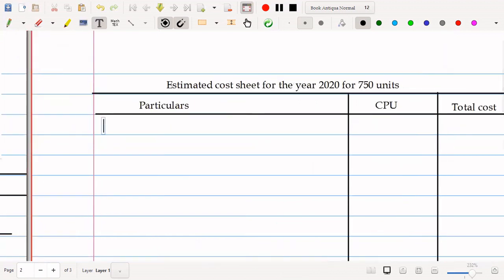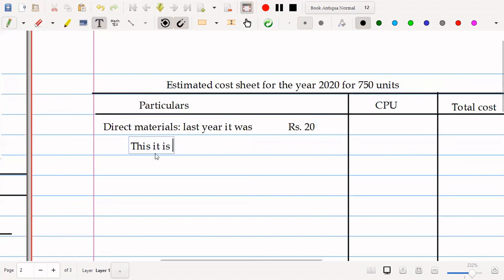Direct materials. Last year it was rupees 20, and this year it is increased by, I'll write an arrow mark here as an increase indication.